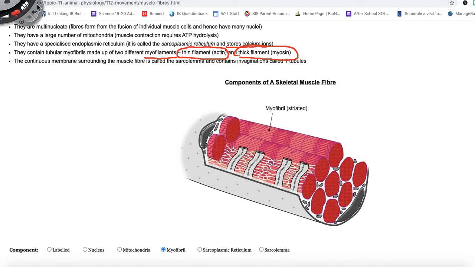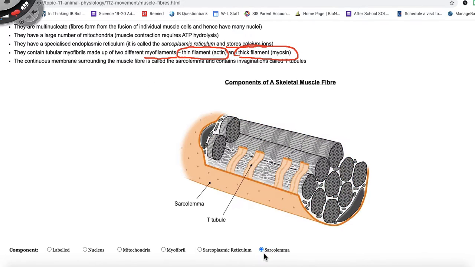Okay. Now, if you look on the outside of the muscle fiber, you see the continuous membrane that surrounds the muscle fiber, and this is called the sarcolemma. So the sarcolemma is the membrane outside the muscle fiber, and these membranes contain invaginations.